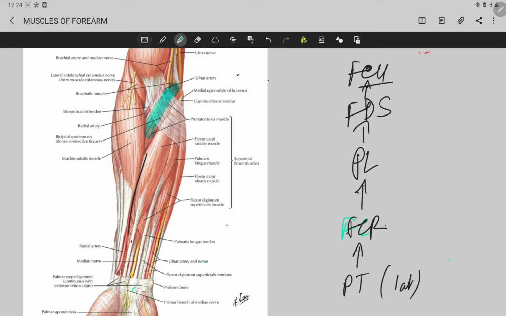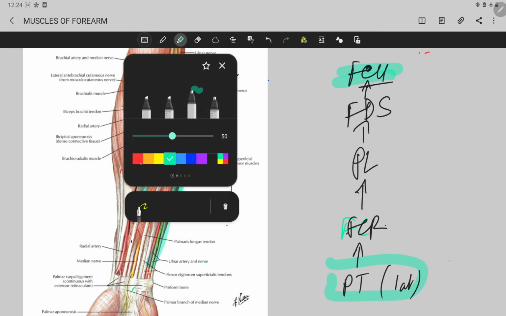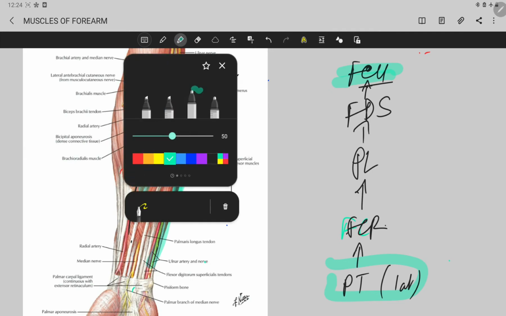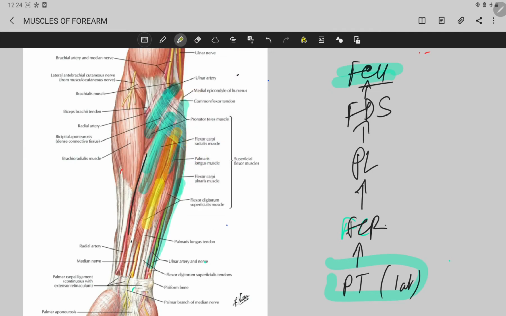So pronator teres is most lateral, and most medial is the flexor carpi ulnaris. Medial to pronator teres is the flexor carpi radialis, then the palmaris longus, and medial to palmaris longus is the flexor digitorum superficialis.